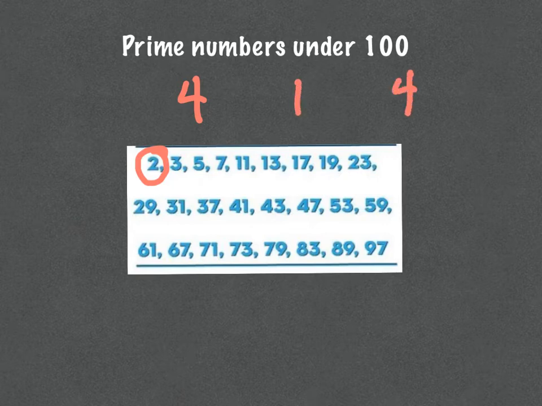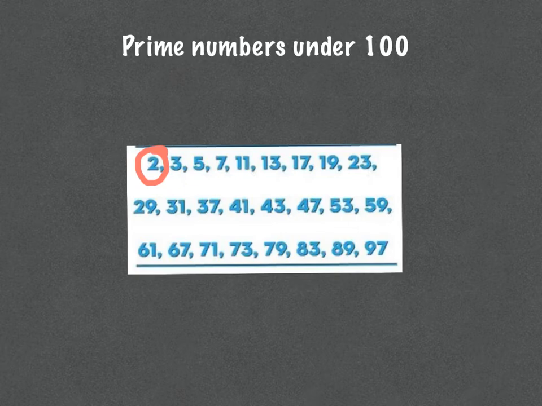Every number has a factor of 1 and itself. And then the only other factor here is 2. So even though 4 has 3 factors, it's still going to be composite. So 4 is not a prime number. Every other even number other than 2 is going to be composite for that very reason. So 2 is your only even prime number.